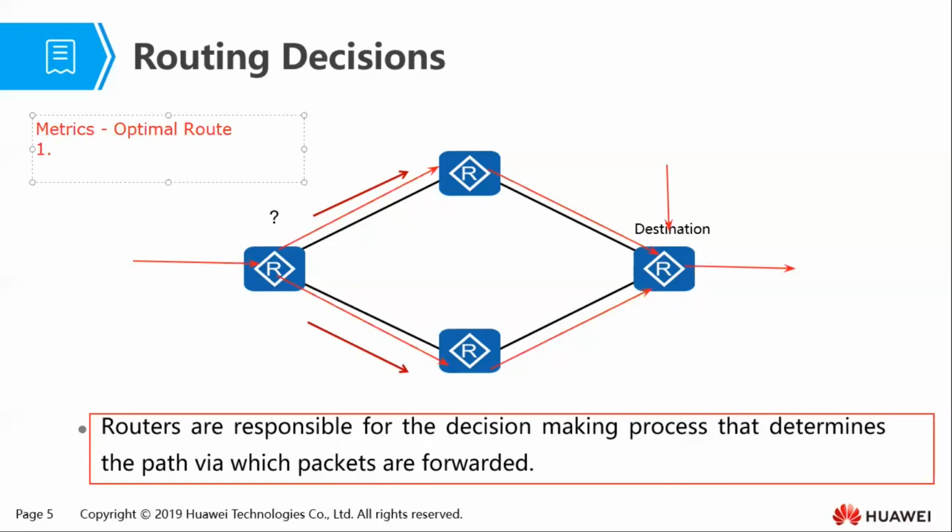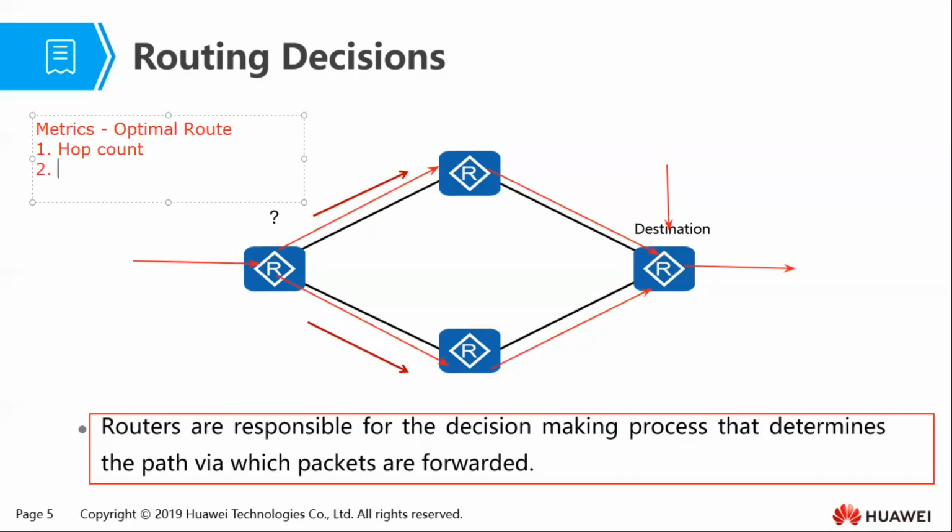So, for example, when we are using a protocol like RIP, the Routing Information Protocol, which we're not going to learn in this chapter, it uses a metric called hop count. Hop count is simply the number of routers that we're going to pass through before we get to the destination. So a shorter hop count is preferred.